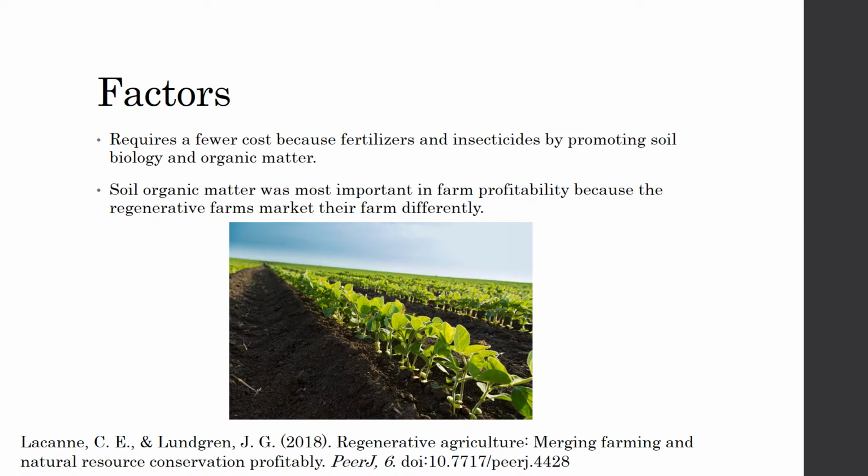Soil organic matter was most important in farm profitability because the regenerative farms market their farm differently. So marketing has a big thing to do with it. When you put it out there to the people, there's a way of marketing it. And having soil organic matter is the most important for the profitability.